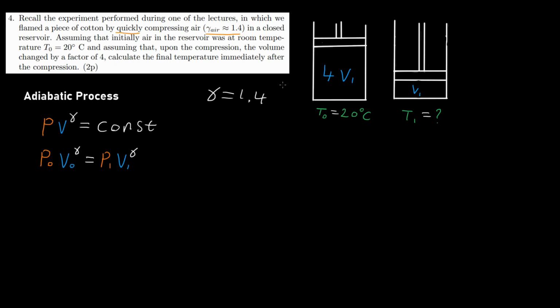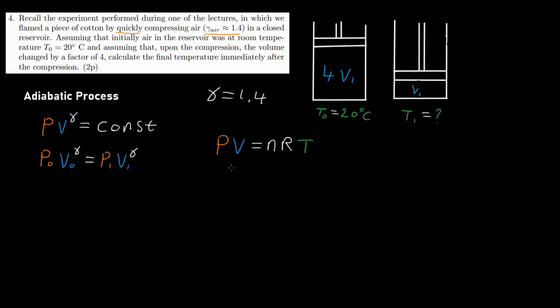Now, the question is asking us to find the temperature after compression, but we haven't actually got temperature in our equation here. But what we can always do, anytime we have either a P, a V or a T, pressure, volume or temperature, is rewrite one of those in terms of the other two by using the ideal gas law, which is PV equals nRT.